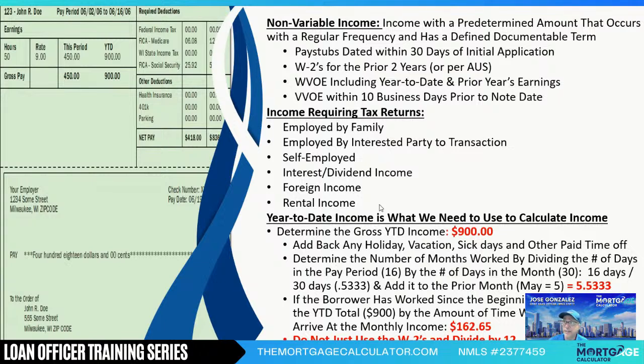A written verification of employment could be the pay stubs, W-2s, or you could provide the written verification of employment, either from the employer or from a third-party vendor like the Work Number. The verification is going to include the year-to-date income for the current year, plus the prior years' earnings, 2023 and 2022, depending on what you are required to provide according to your automated underwriting findings.